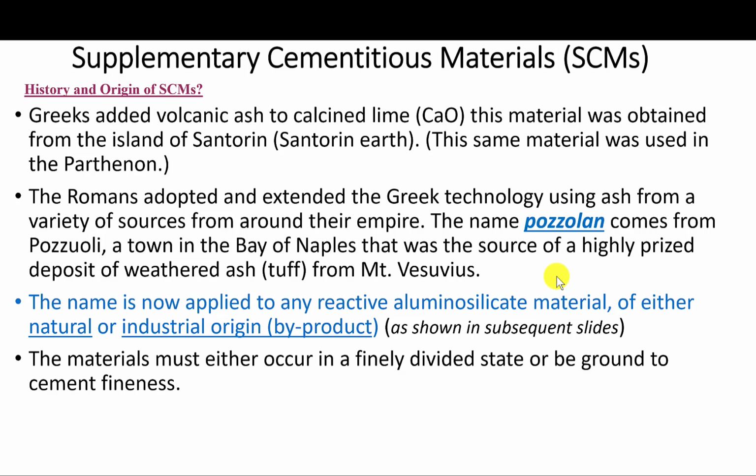Then the Romans adopted and extended the Greek technology using ash from a variety of sources from around their empire. The name pozzolan is basically a modification or a corruption of the name Pozzuoli, a town in the Bay of Naples that was the source of a highly prized deposit of weathered ash or tuff from Mount Vesuvius.